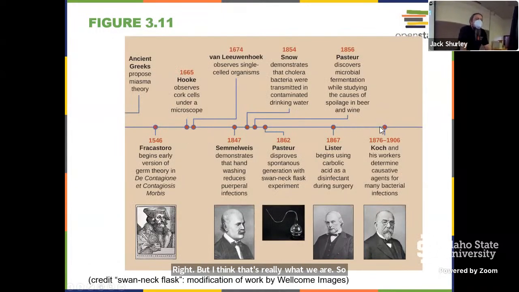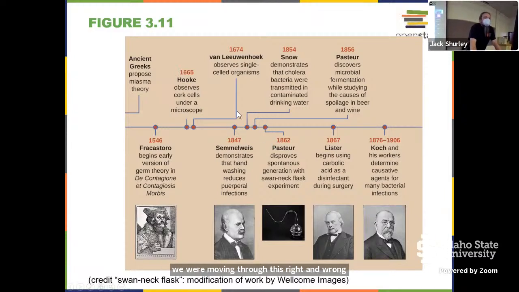So kind of a timeline as we move through here. We've got the Greeks with the miasma theory, where they're proposing this long ago. And then we start progressing, trying to discredit spontaneous generation. As I said, it took a super long time, centuries, right? As we were moving through this, right?